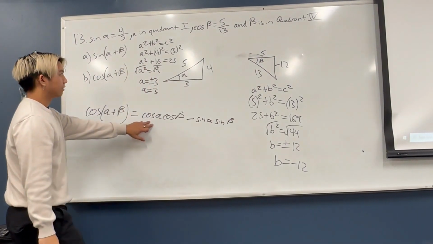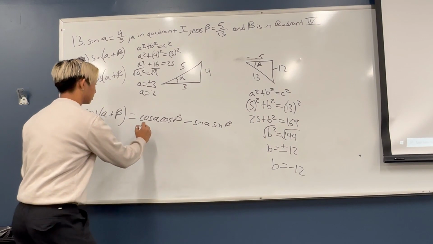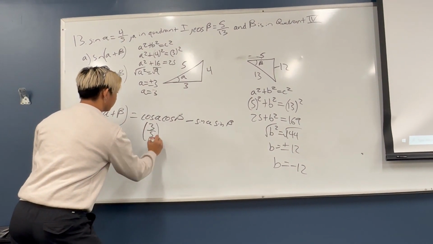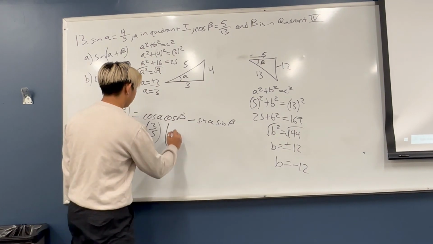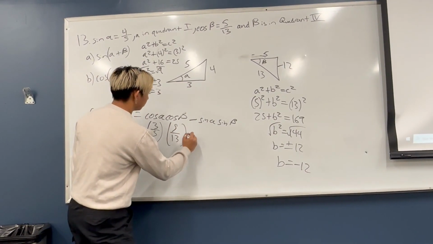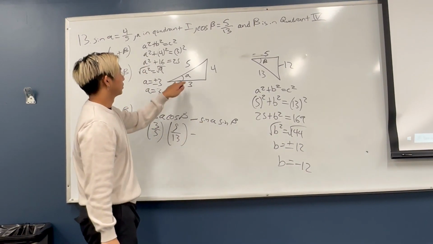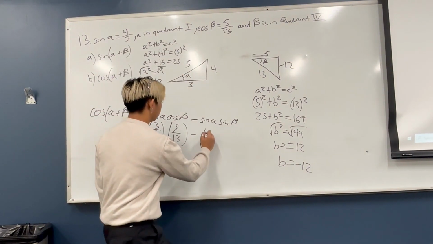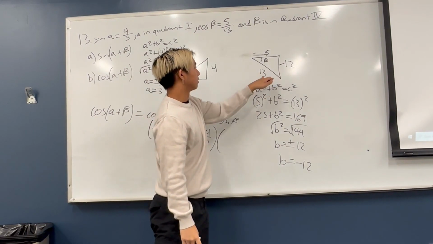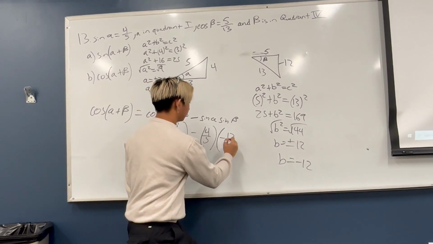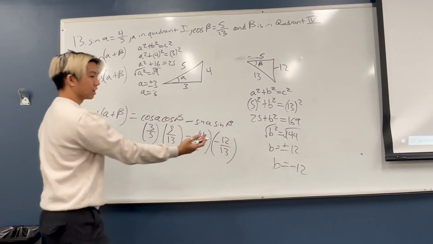So cosine of A, we have 3 over 5. Cosine of beta is what? We have 5 over 13. Minus sine of alpha, so 4 over 5. And sine of beta, we have negative 12 over 13. Again, multiply across, right?